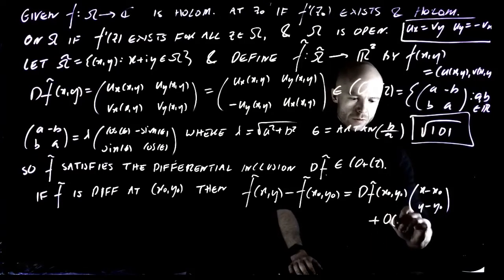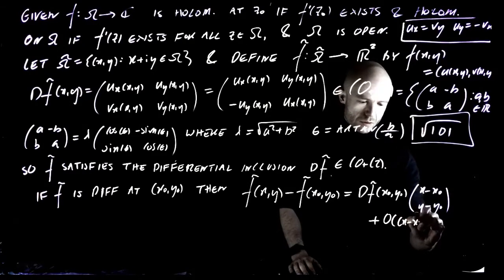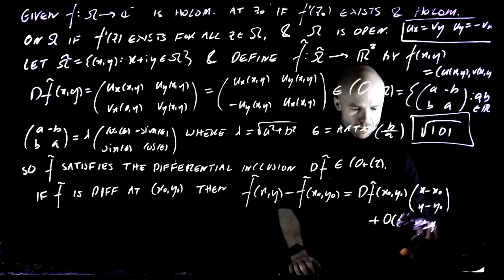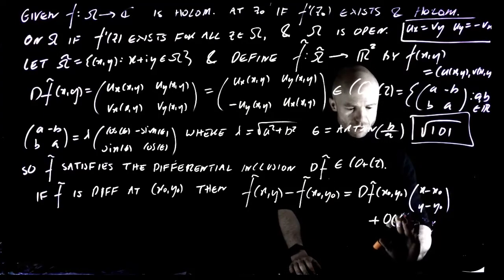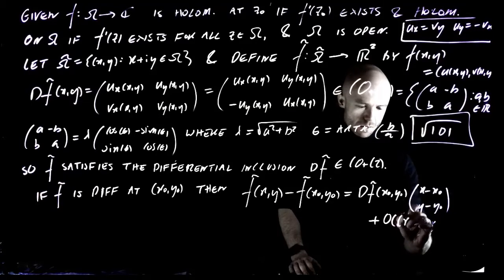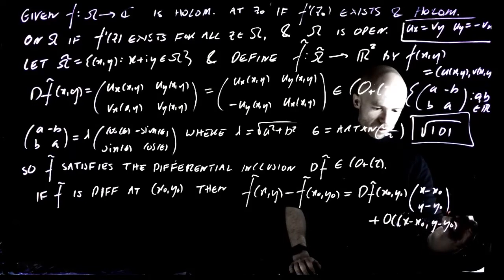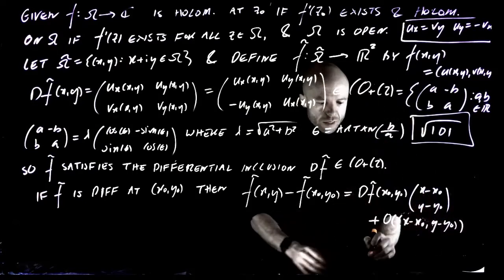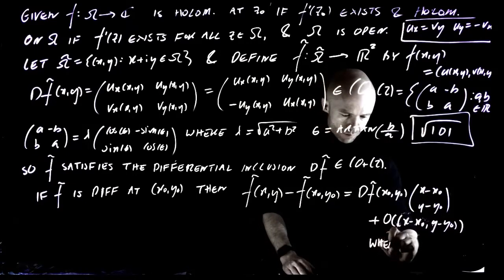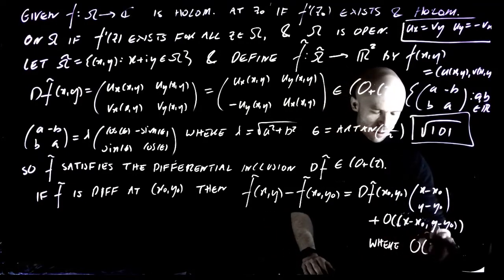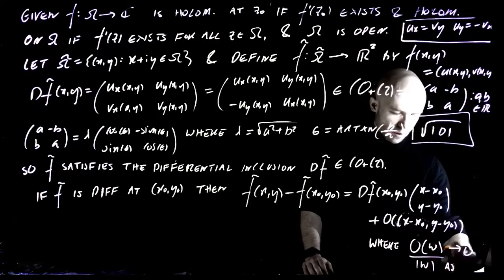So the error is of order x minus x0, y minus y0, like this. The error is acting on small vectors, where error of w over mod w goes to 0 as w goes to 0.